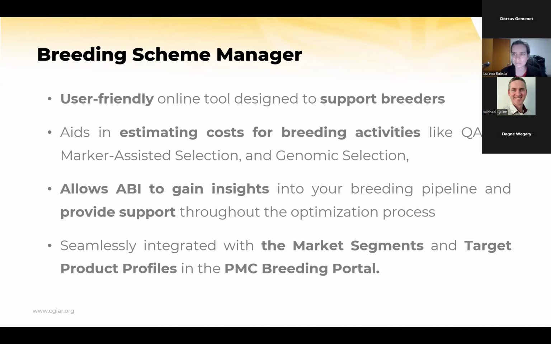It is designed to support breeders if they need to discuss the pipeline with colleagues or with funders, report breeding activities, and look for areas to optimize in their breeding programs. Also, if they need to introduce new technologies, it's much easier if you have a full picture of your breeding scheme pipeline.